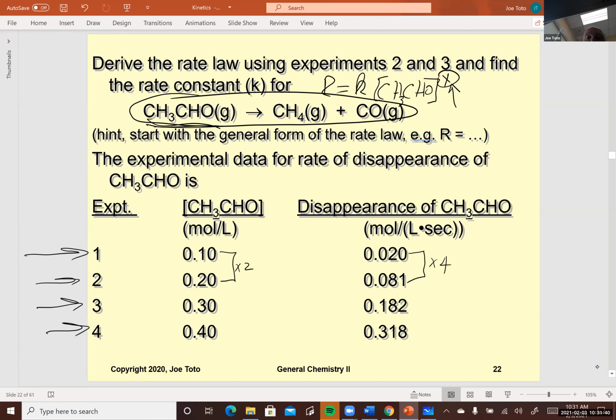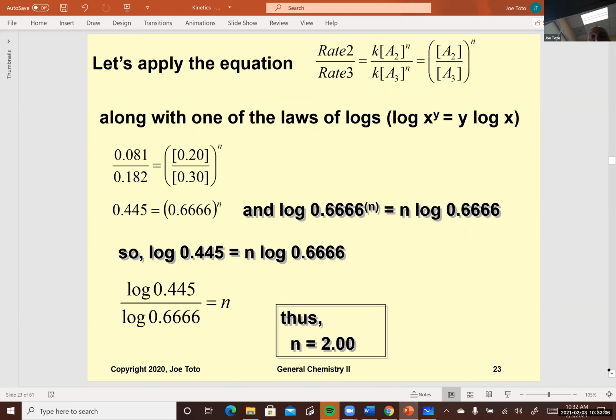Say you couldn't see this, like if they gave you experimental data where this wasn't exactly doubled, what if it was 1.5 times, and this changed by, I don't know, some fractional amount. It's harder to do in your head, right? Well, you don't have to, because you can just take the form of the rate law for each one of those experiments and divide them out. And so that's what I did. I just picked here rate 2 and 3, but you can pick any one.